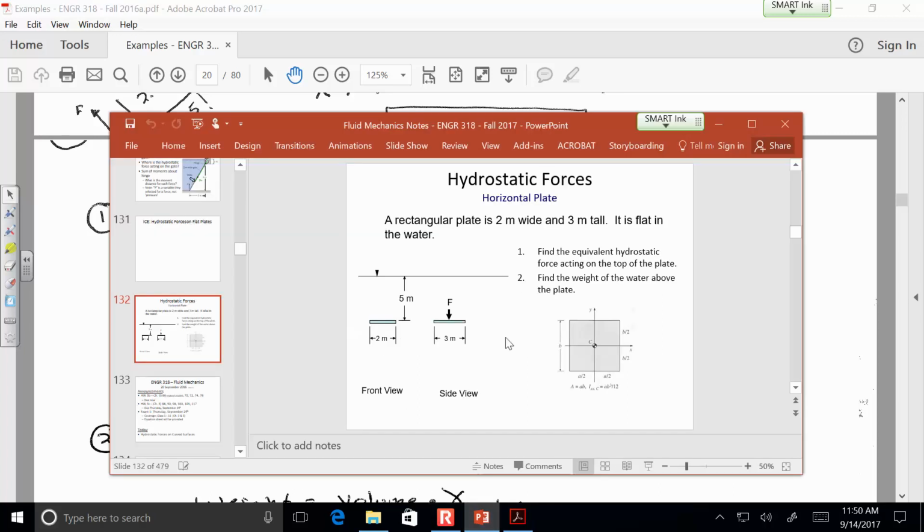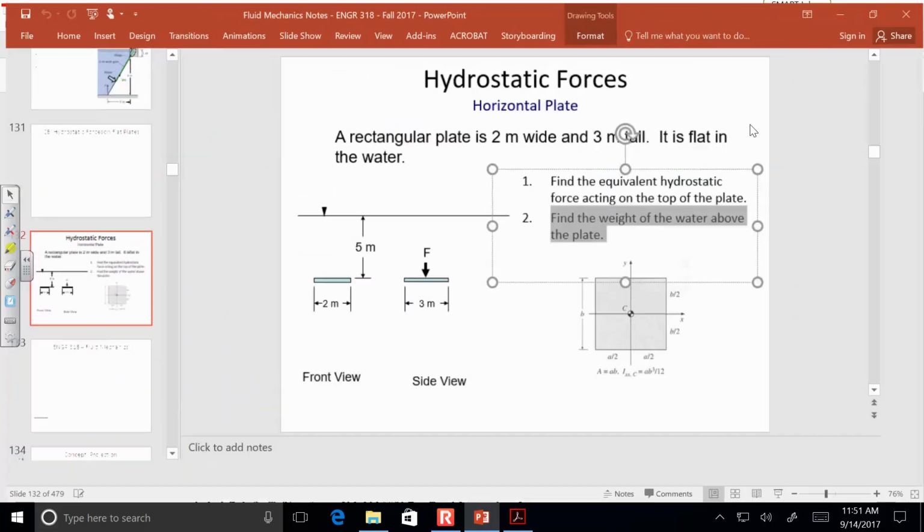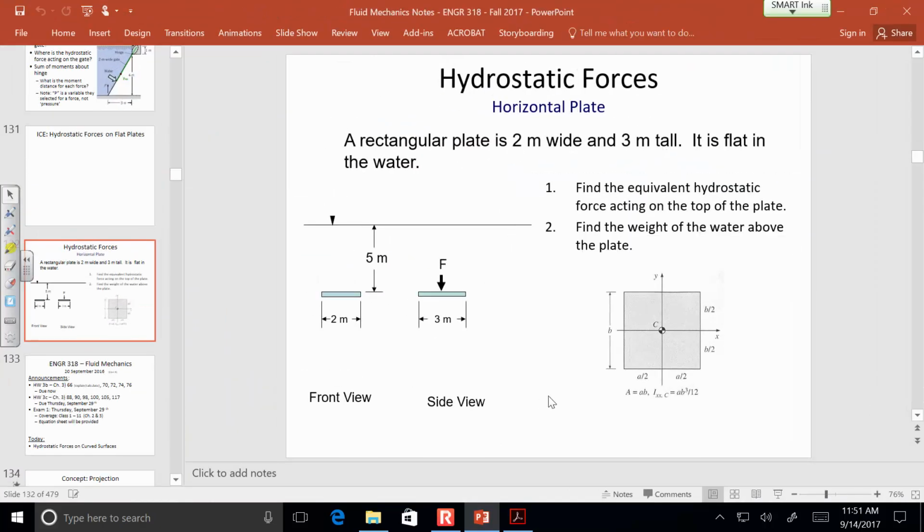Now, the second thing it asks us here is find the weight of the water above the plate. So the weight is going to be the volume of water above the plate multiplied by the unit weight. And so the volume is going to be an element of water that's box-shaped. It's going to have a front width of 2 meters, a side depth of 3 meters, and then a height, this imaginary rectangular box, of 5 meters.